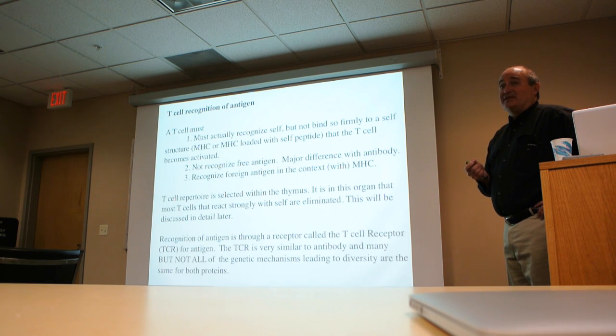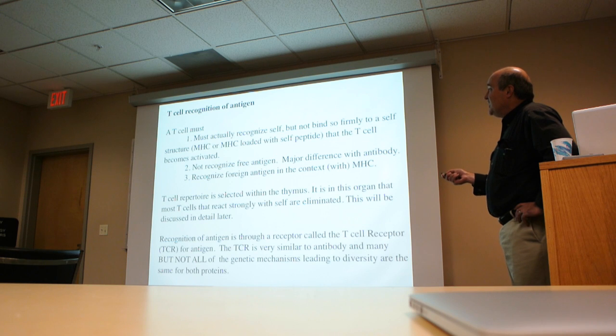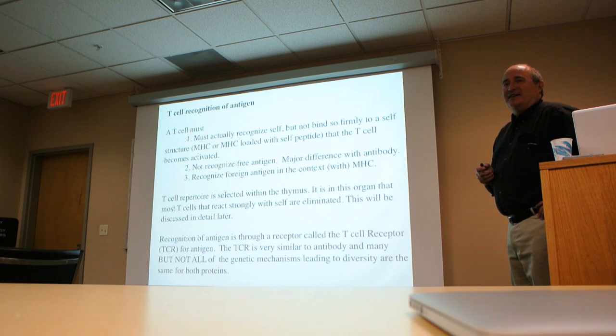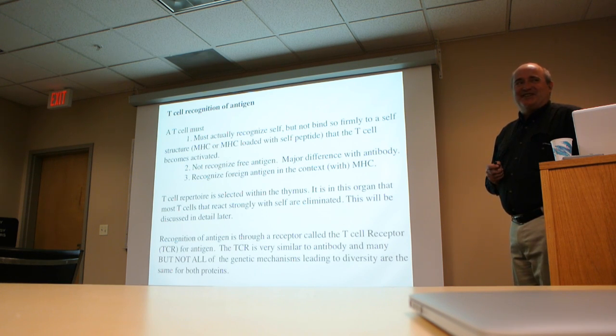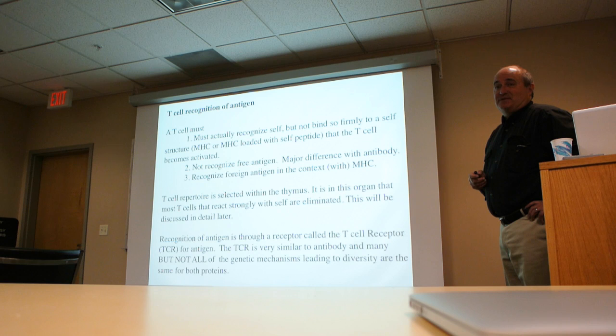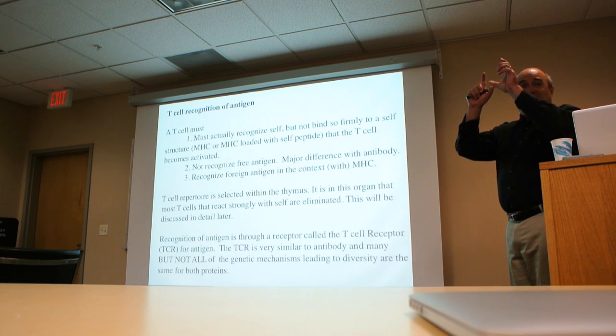The TCR does, which is kind of a little scary, but it does. So this is unique to the TCR, that our TCR has to be able to tell if the antigen presenting cell is self. Okay? It does not recognize free antigen. The B cell can.